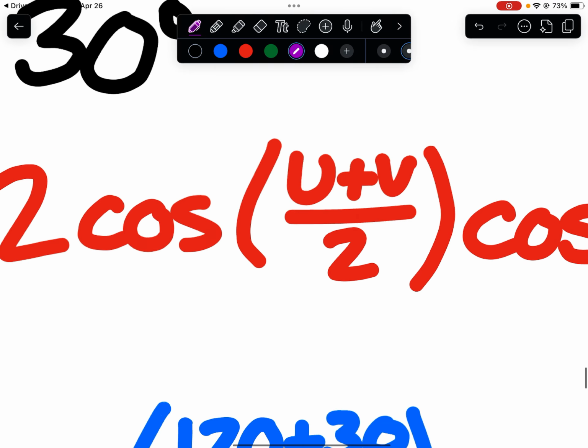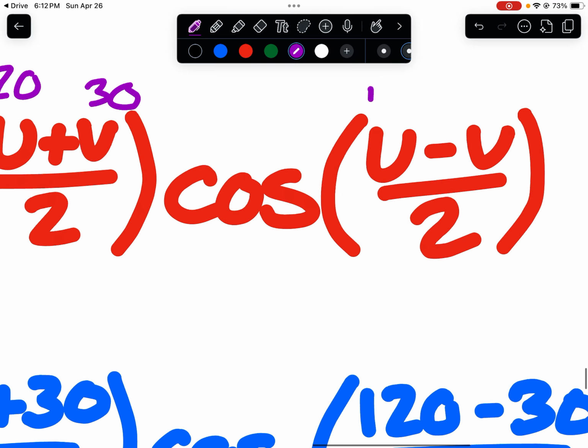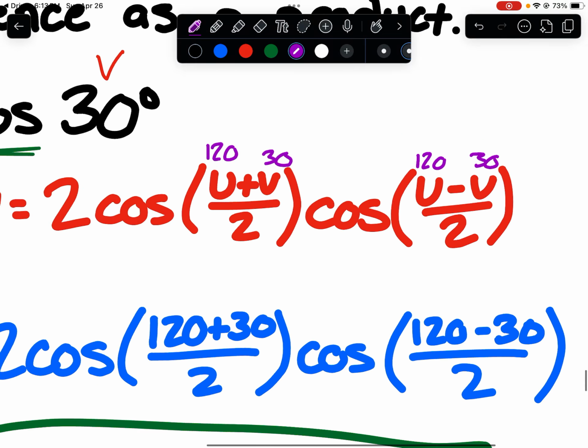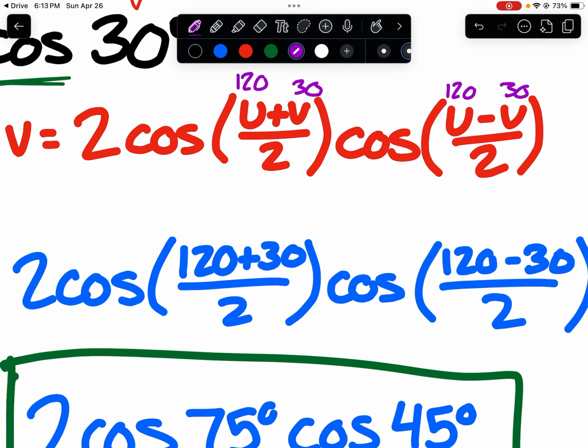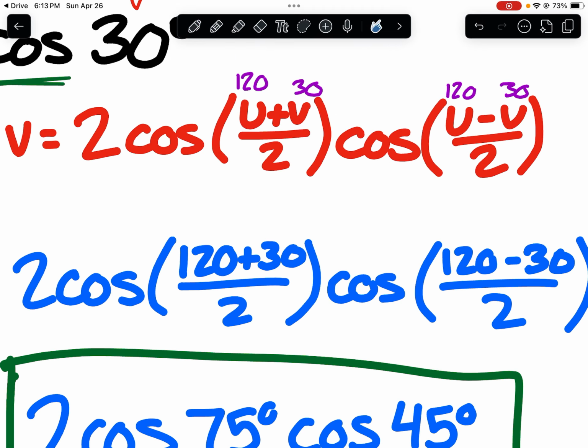And we're basically saying that the 120 is u, the 30 is v, and so I'm just going to plug in the 120, the 30, the 120, the 30, and that's how we're getting the blue part.